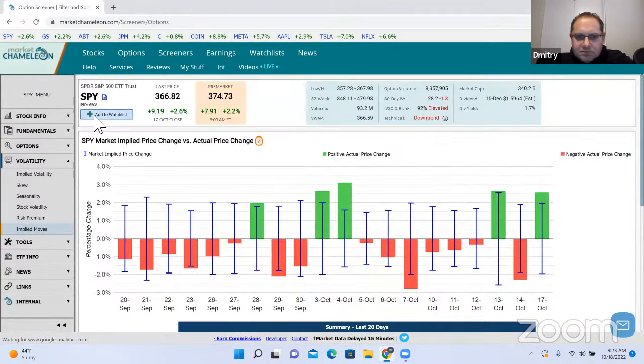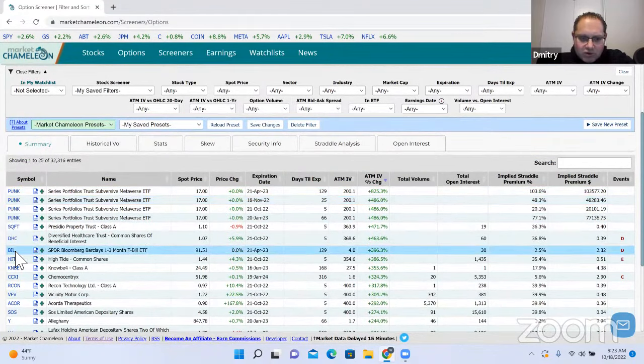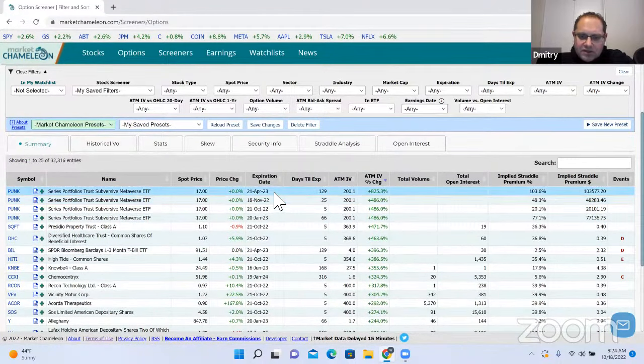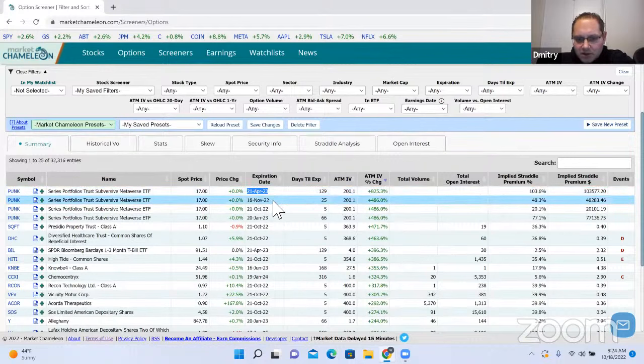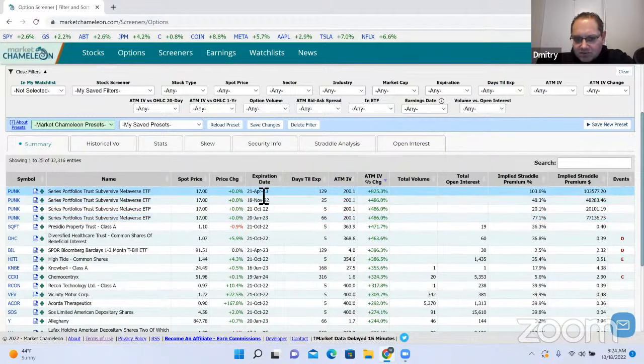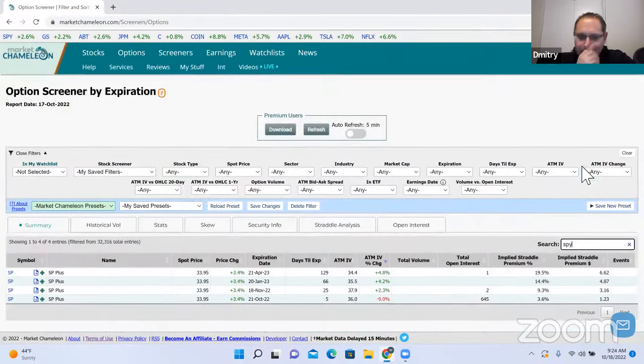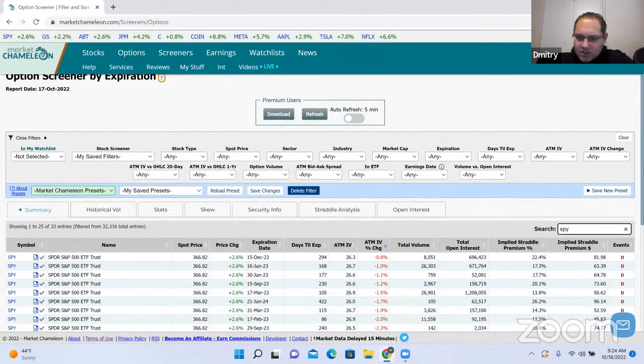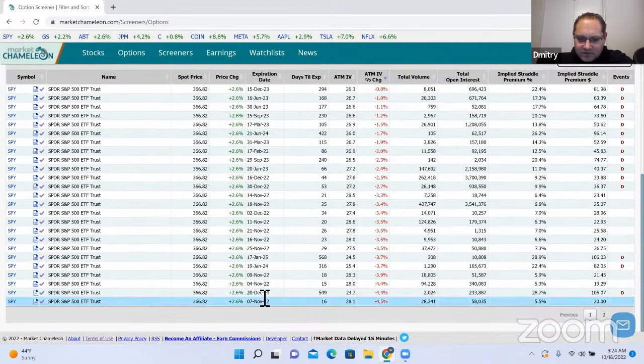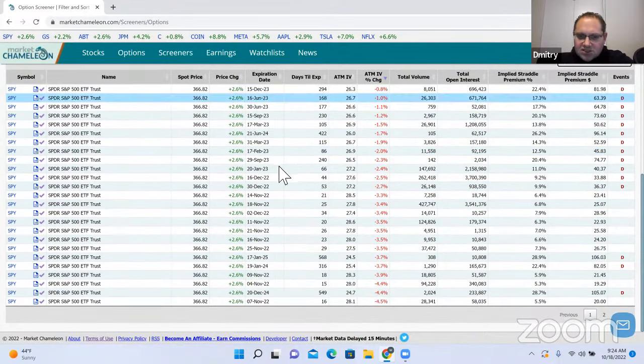Options by expiration. And this is a list of symbols, and they're anchored by a particular expiration, okay? They could have multiple expirations here, SPY. You could see SPY alone has a lot of different options expirations.